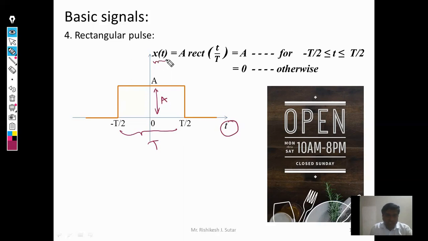If I name it x of t, then x of t is equal to A, the amplitude of the pulse, times rect of t upon capital T, where capital T is the width of my window or pulse. So A rect of t by T is the representation of my rectangular pulse. It is equal to capital A for the width from minus T by 2 to plus T by 2, and it is equal to 0 for other values. This is the way I can represent the rectangular pulse.